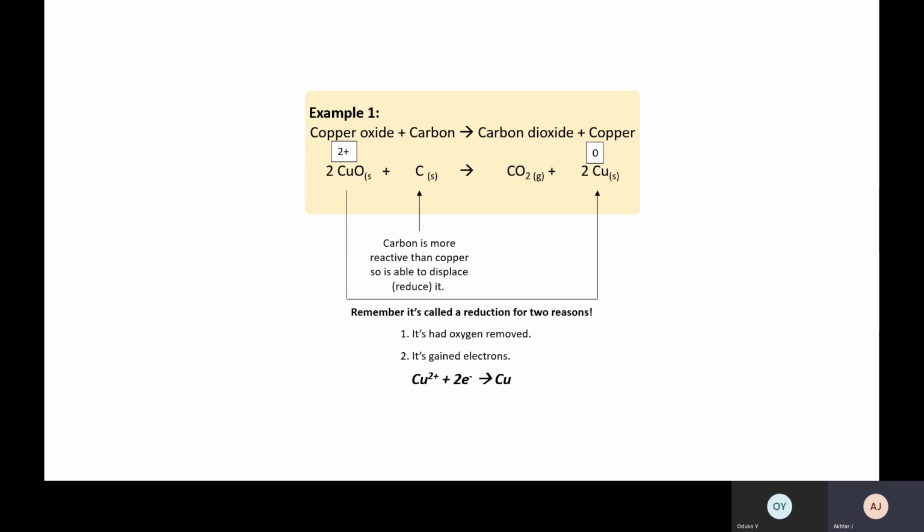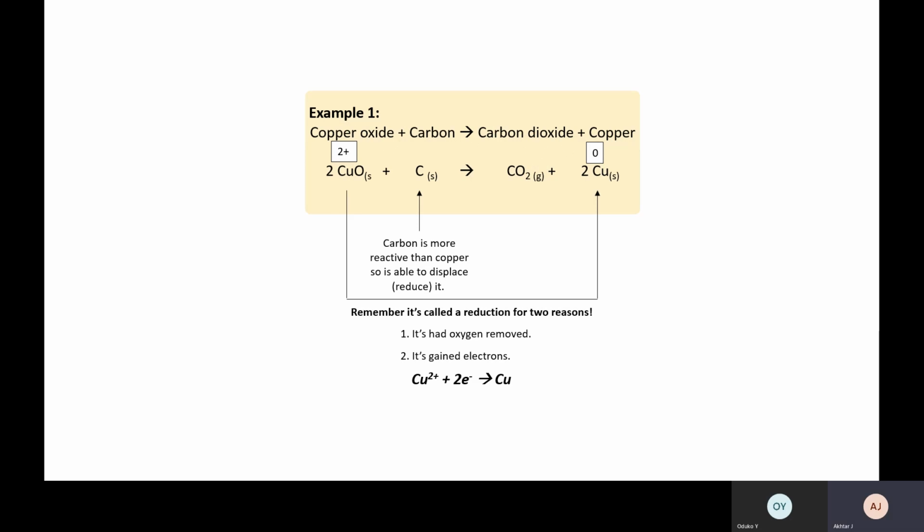So that's clearly reduction. We've got carbon displacing the copper out of the copper oxide because it's more reactive. So the oxygen's been removed, but also our copper has been reduced because it's gained, in this case, 2 electrons.